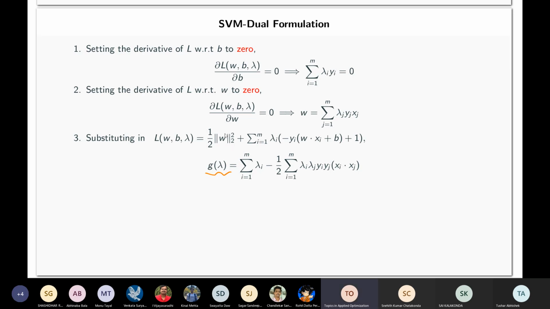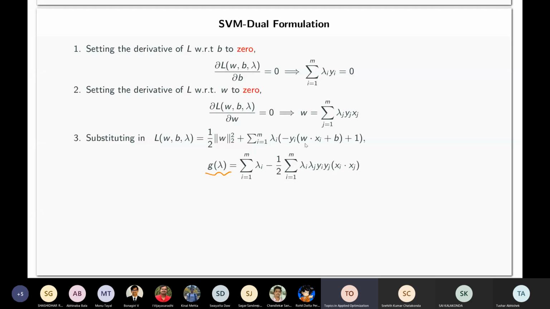this term, let's see how it goes. W we have to substitute here. It is the norm of W squared, and W will be substituted here also.